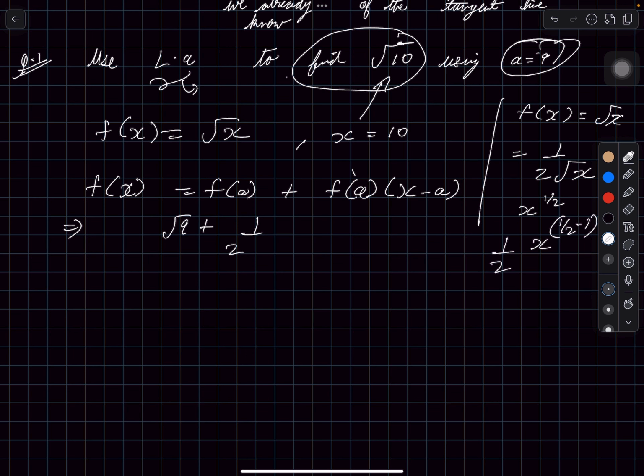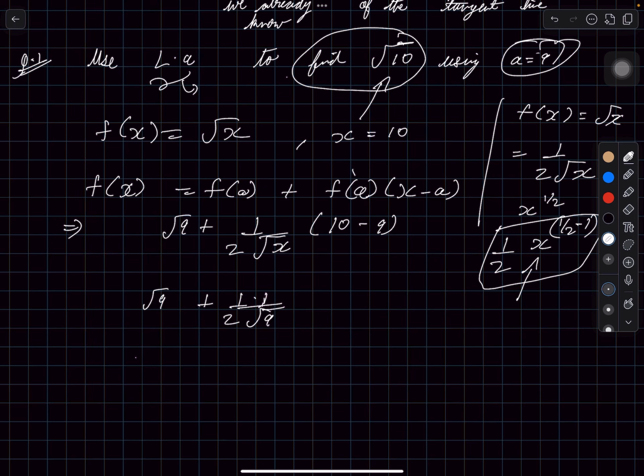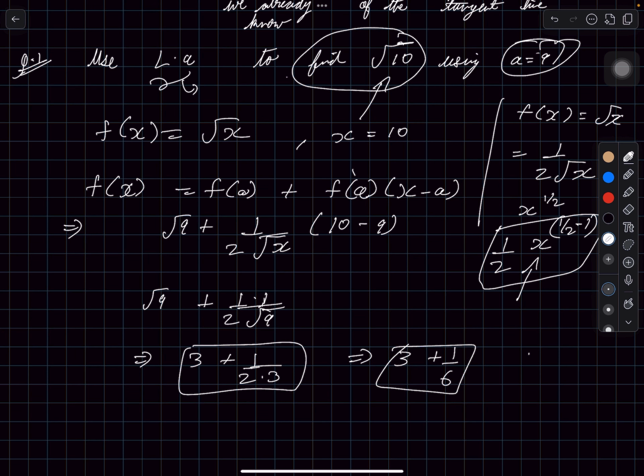You should already know this, but if someone doesn't, I'm putting here 1 by 2 root x, times (10 minus 9). So root 9 plus 1 by 2 root 9 times 1 is equal to 3 plus 1 by 2 times 3, which is 3 plus 1 by 6. You can solve this and you will get 19 by 6.